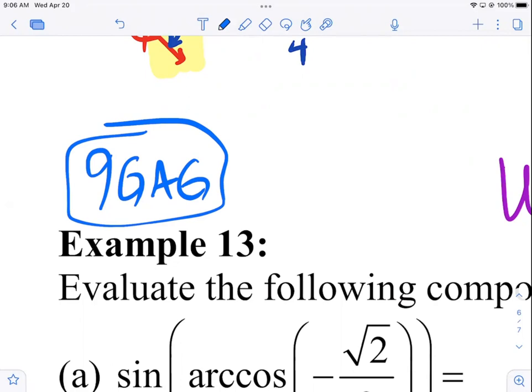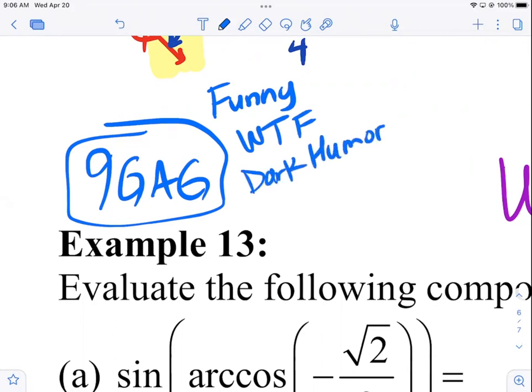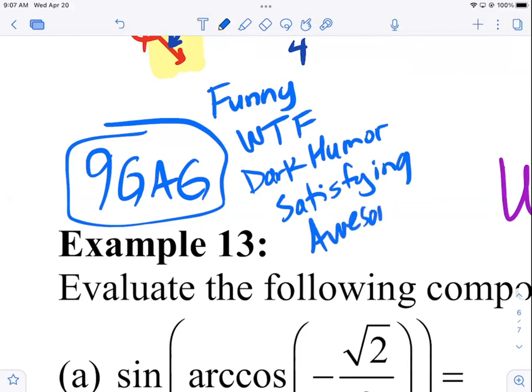I basically have it set on a funny category, which I like, and then there's a what the French fry category, and then there's also dark humor, which you don't look at at school. But then there's also satisfying, which is good, like when a box fits perfectly into a shell. Oh yeah. And then there's awesome, where people are doing math and getting the right answer.